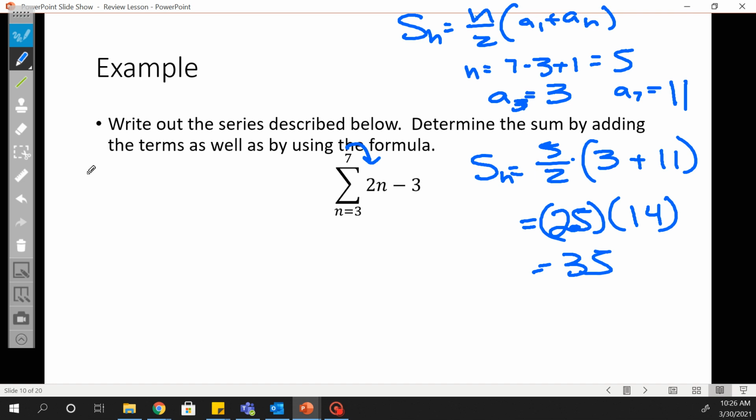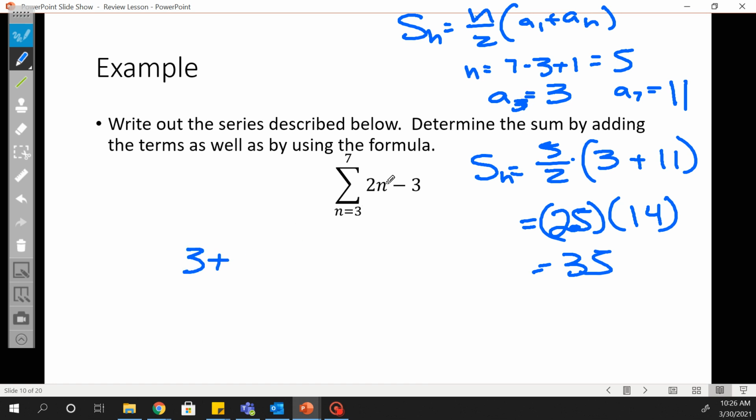Now let's look at what it would look like if we actually wrote it all out and added them all together. Okay, so if we wanted to write out what this is describing, we would plug in every number between 3 and 7 into this formula to get each number in the series. So plugging in 3, 2 times 3 is 6, minus 3 is 3, plus.